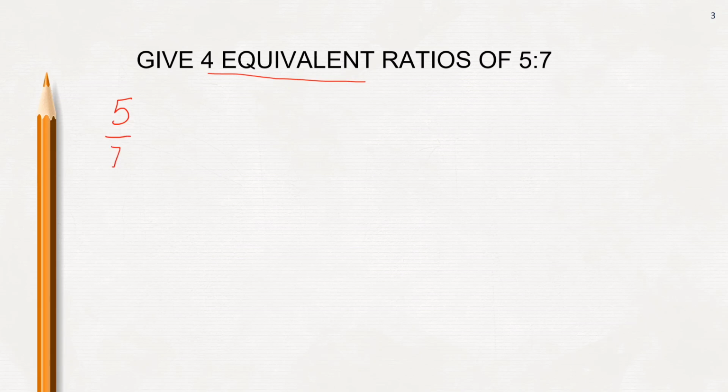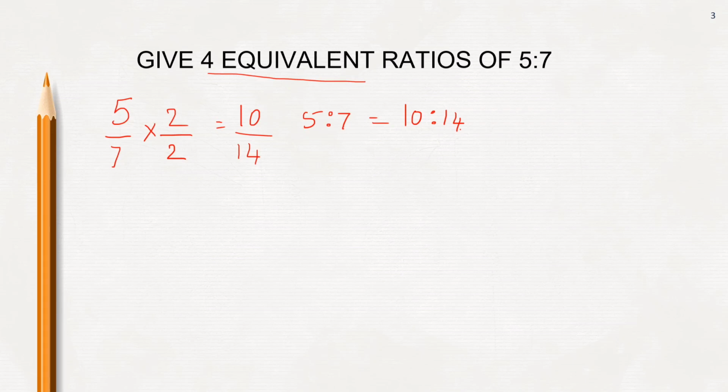Now we will multiply both numbers by 2. 5 2 times is 10 and 7 2 times is 14. So 5:7 is an equivalent ratio to 10:14. Similarly, we have to write 4 equivalent ratios.